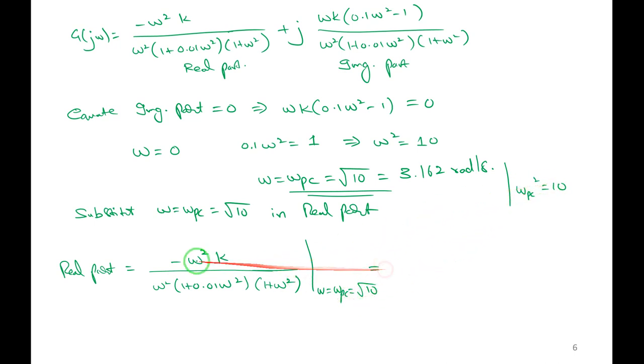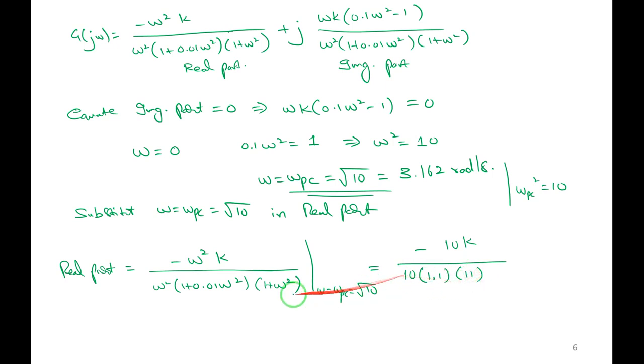So I'll substitute here: minus omega square, which is 10, so 10k, divided by omega square which is 10, into, let me multiply, 10 into 0.01, so 0.1 plus 1. So I am getting 1.1. And the other term, 10 plus 1 is 11.